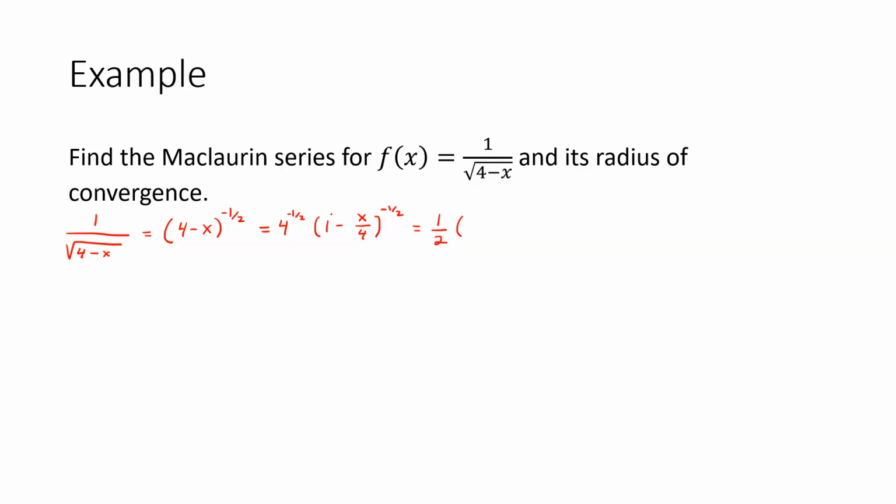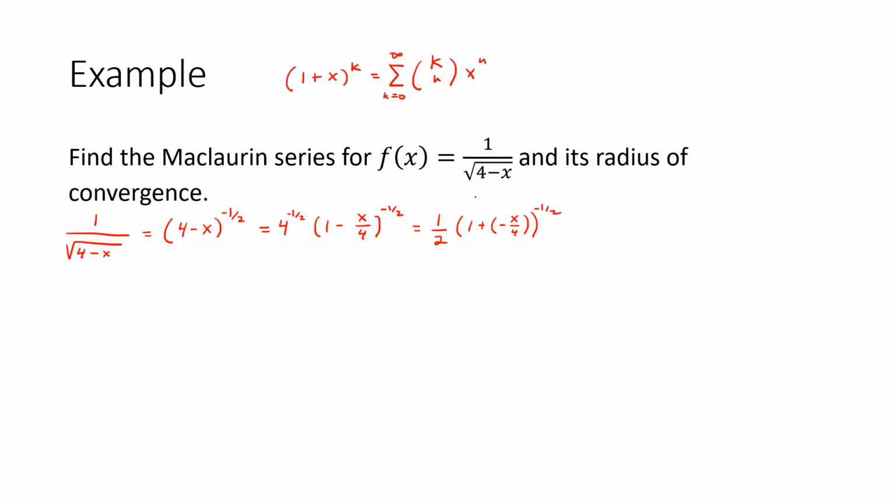And then because I want 1 plus x to the k, I want it in that form to use the binomial series formula. We'll write 1/2 times 1 plus negative x over 4 to the negative 1/2.